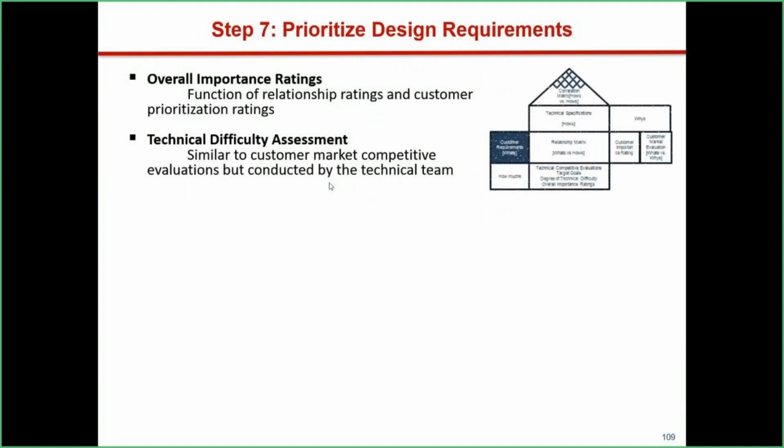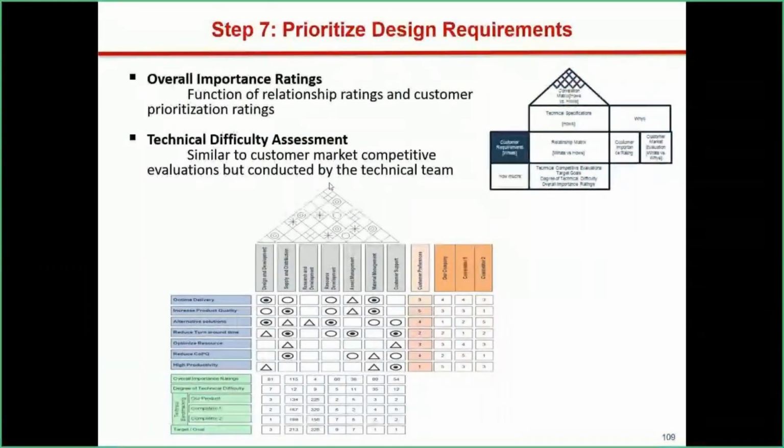Prioritize design requirement. Now, once that is done, we have to gather overall importance rating, a function of relationship rating and customer prioritization rating. Technical difficulty assessment is similar to customer market competitive evaluation but conducted by a technical team.